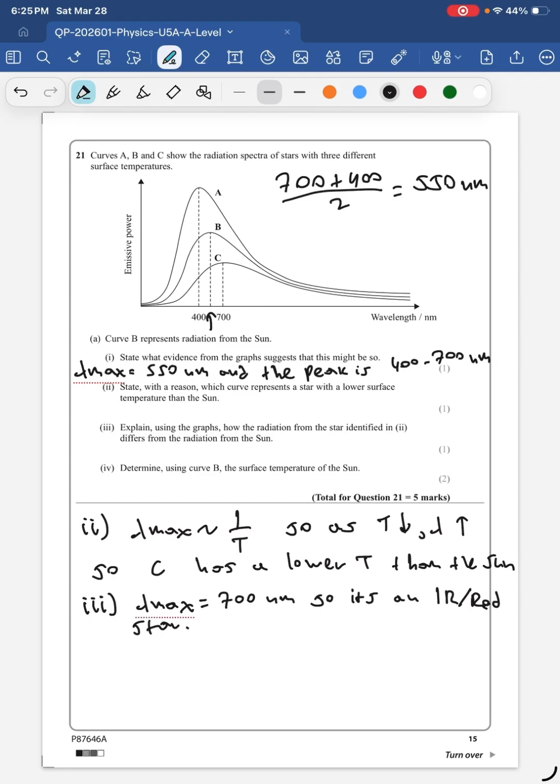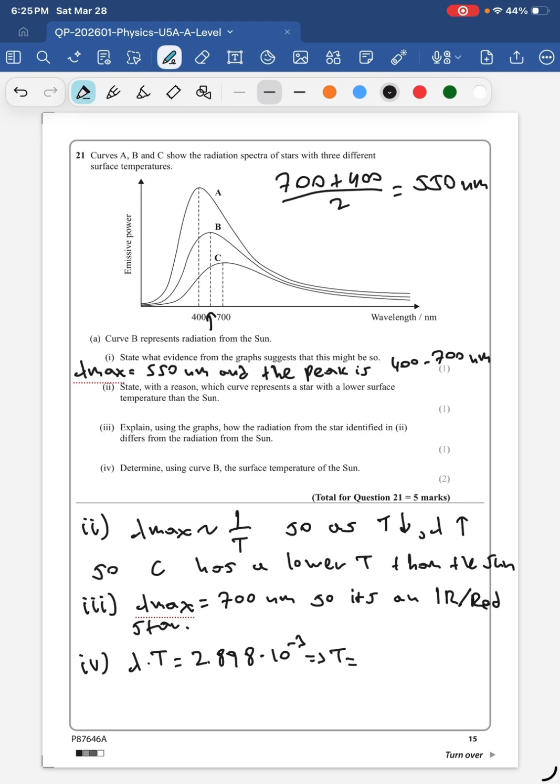Okay, question 4. Determine using curve B the surface temperature of the sun. Okay, so we're going to use Wien's law. So lambda T is 2.898 times 10 to the negative 3.